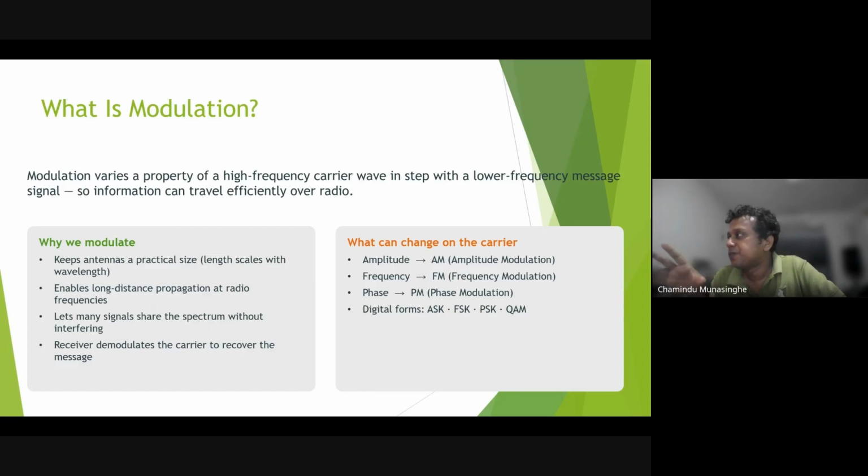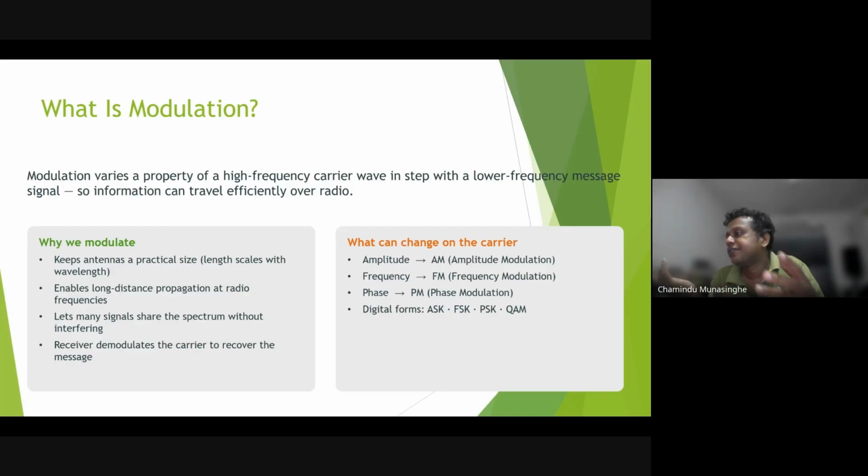There are various forms of modulation. We discussed waveforms, and there are certain properties of waveforms, right? So we can embed this baseband in any of those properties. For example, amplitude modulation, you can change the amplitude of the wave as a function of the baseband.